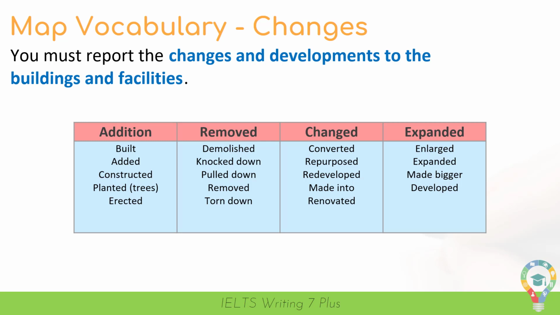Things that are taken away: removed, demolished, knocked down, pulled down, torn down. Things that have changed: converted, repurposed, redeveloped, made into or renovated. And buildings or facilities that have grown: enlarged, expanded, made bigger and developed. So this table is super useful when you are writing a map report. So I suggest either writing this down or bookmarking this section of the video lesson.